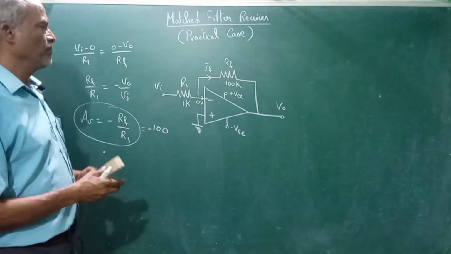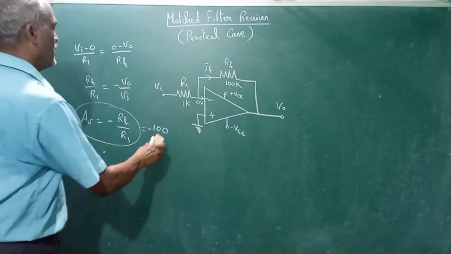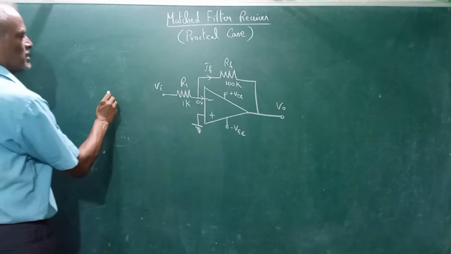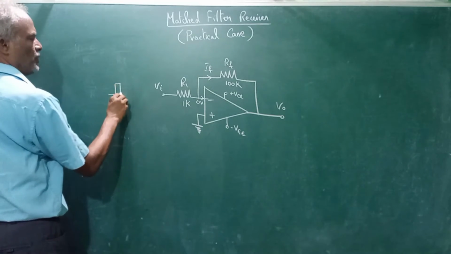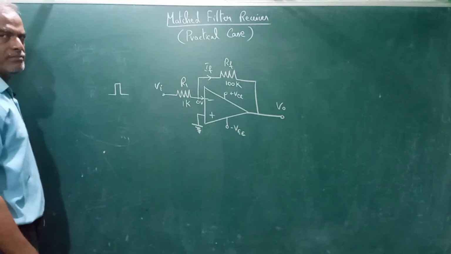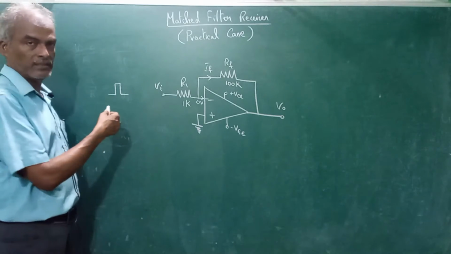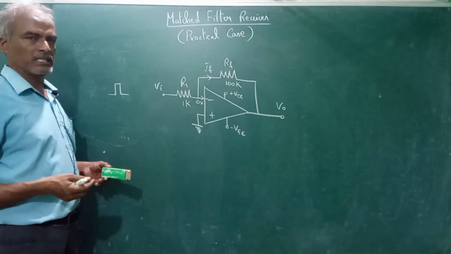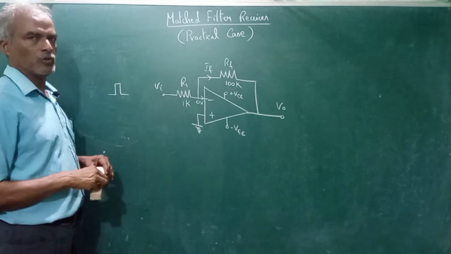What is the problem? Assume a digital signal is expected to arrive at this point. We won't get a digital signal exactly like this. It is modulated in different formats: ASK, FSK, PSK, and many more.